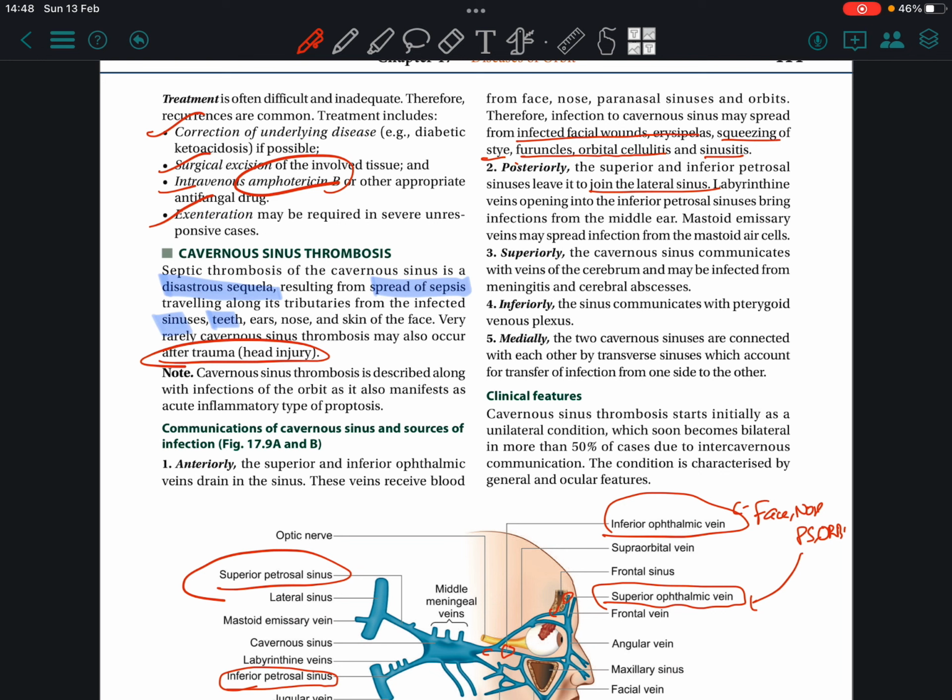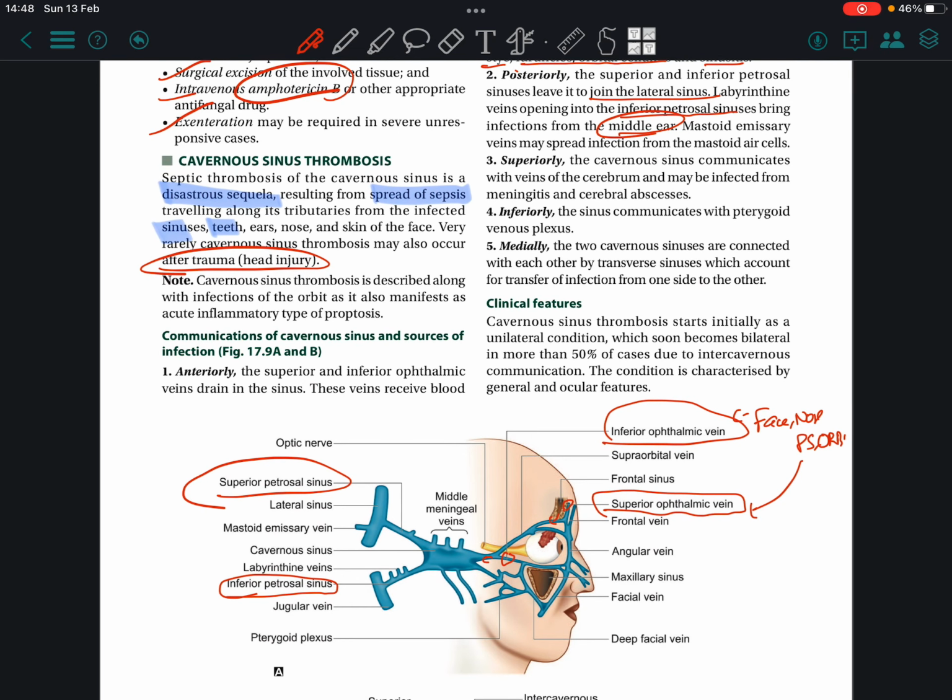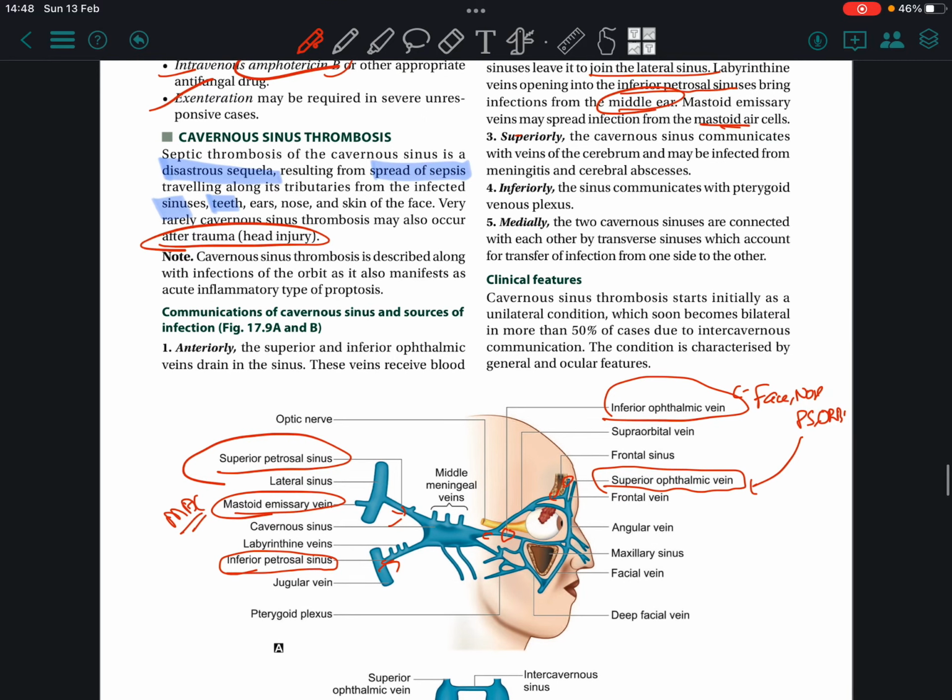Labyrinthine veins opening into the inferior petrosal sinus bring infection from the middle ear. Middle ear infections are common from petrosal sinuses. Mastoid emissary veins may spread infection from mastoid air cells. Superior and inferior petrosal veins spread infection from the middle ear.